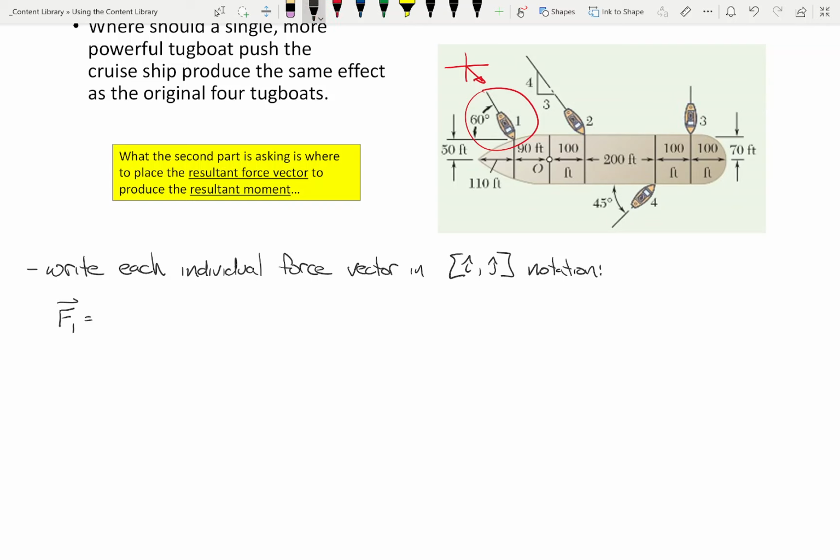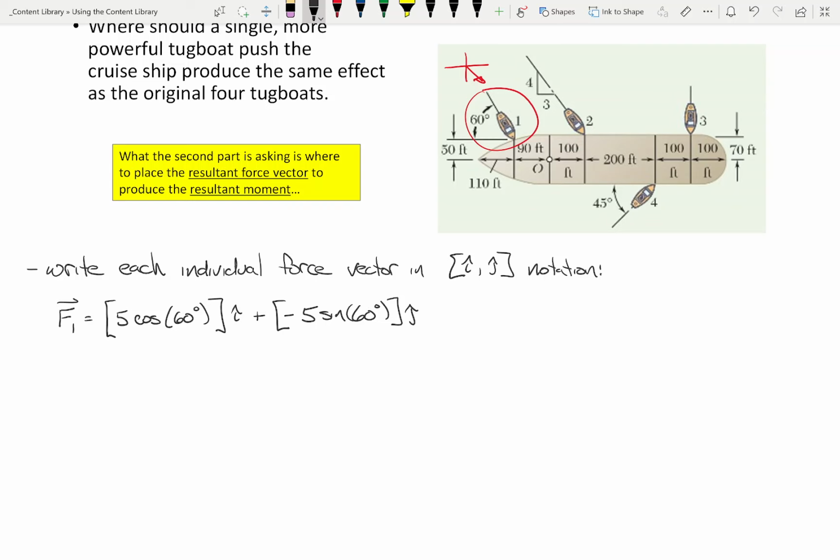So can't we do this? Isn't that the description of that force vector right there? Isn't that how we did it old school? Magnitude times a cosine, magnitude times a sine.